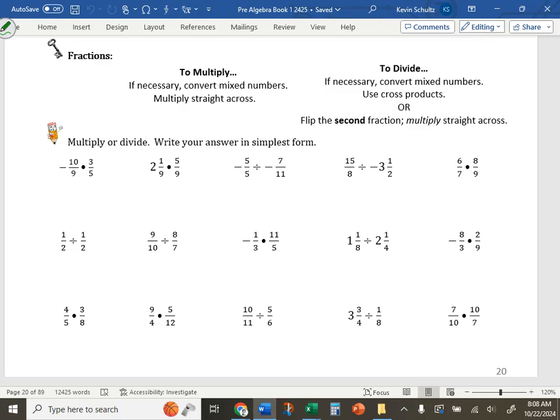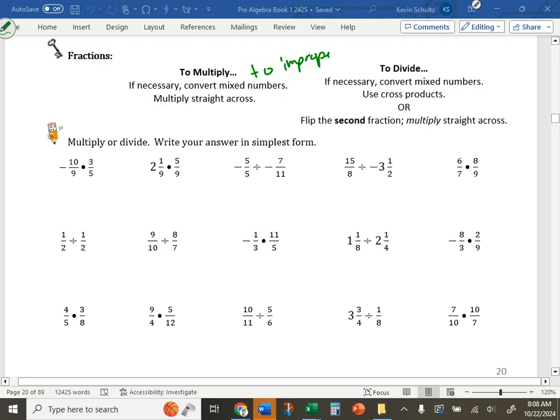So, to multiply, if necessary, convert mixed numbers to improper fractions. If you're given a mixed number, convert it to an improper fraction, and then you multiply straight across. That's all there is to it.